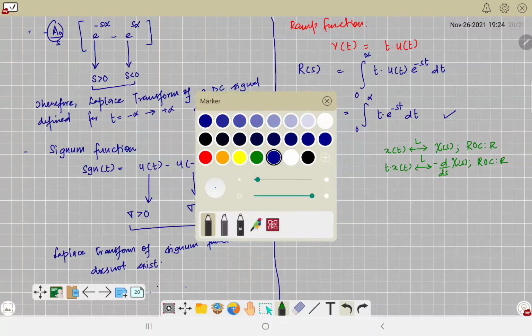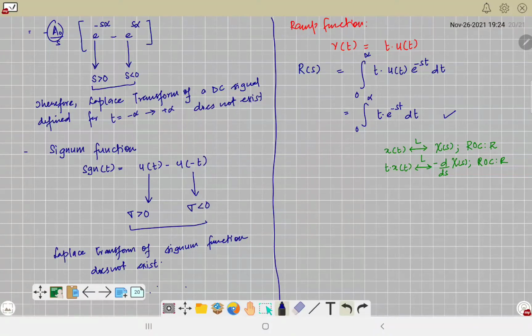So specifically what we'll be doing is we already have u of t. We know what its Laplace transform is. It is 1 by s with region of convergence sigma greater than 0. Then if I consider t into u of t, its Laplace transform will be minus d by ds of 1 by s. That is the derivative of this thing. So you can calculate this.